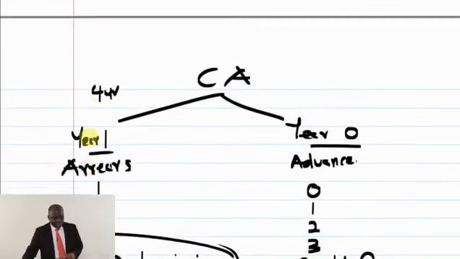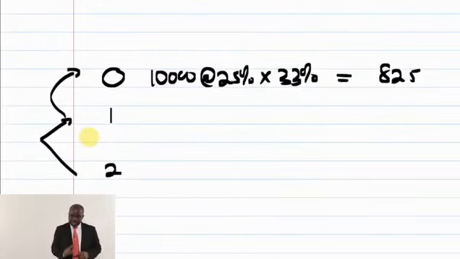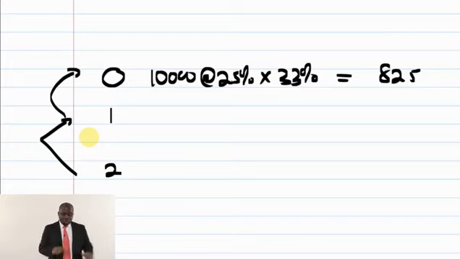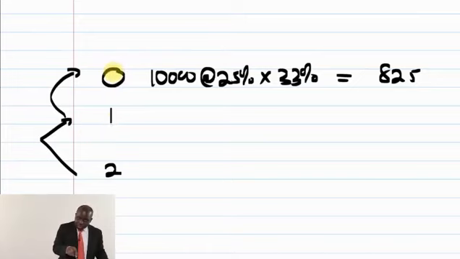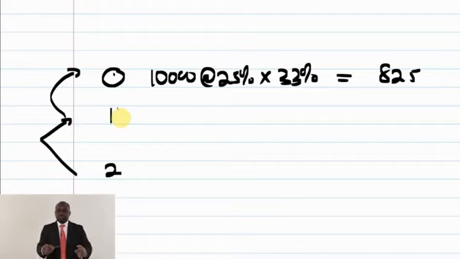But when we come to what we are doing, be with me, this is where the problem is. When we are claiming the capital allowance in year 0, year 1 capital allowance goes to year 0, year 2 capital allowance goes to year 0, but you cannot sell the asset in advance. So I cannot sell the asset in year 1 because I need to use the asset for 2 years.